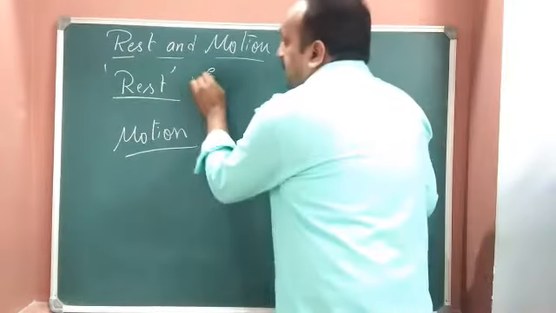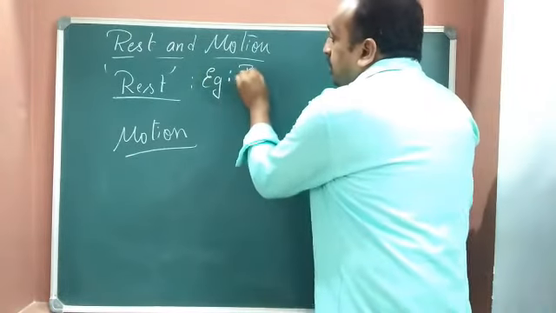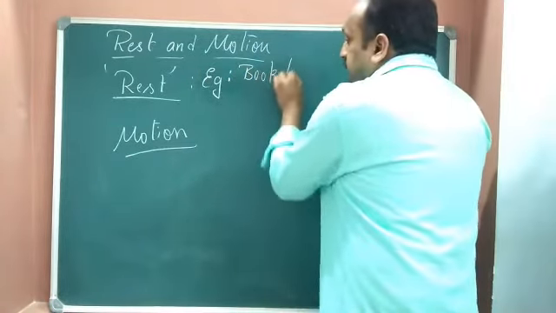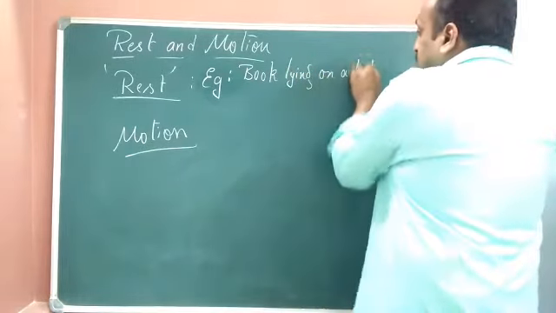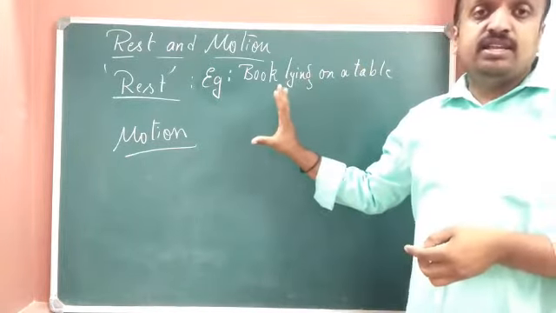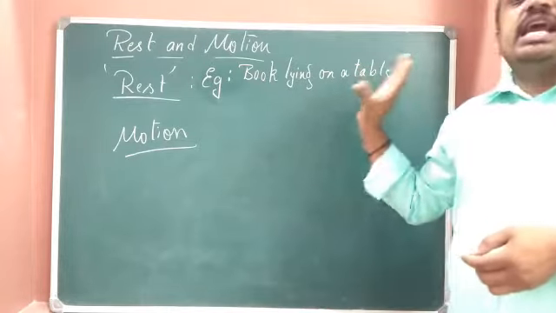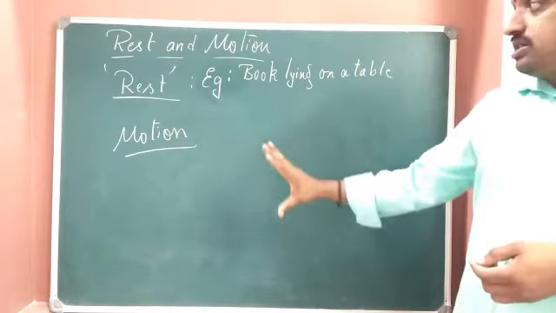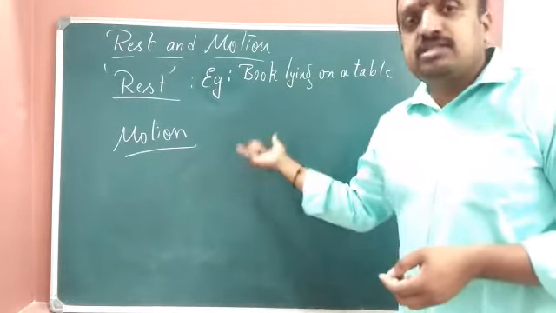For example, a book lying on a table. A book lying on a table is an example of a body at rest, because as time passes, the position of the book remains the same.